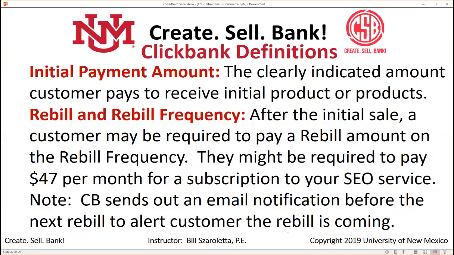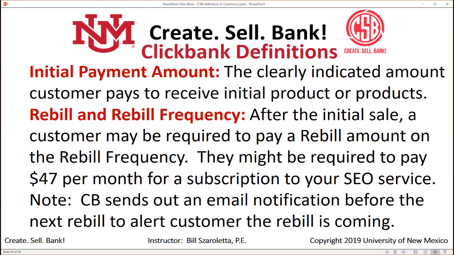So the initial payment amount is the clearly indicated amount the customer pays to receive the initial product or products. Some products or services are on a monthly or typically monthly basis, some are on an annual basis. But after the initial sale, you have what's called a rebill and a rebill frequency.